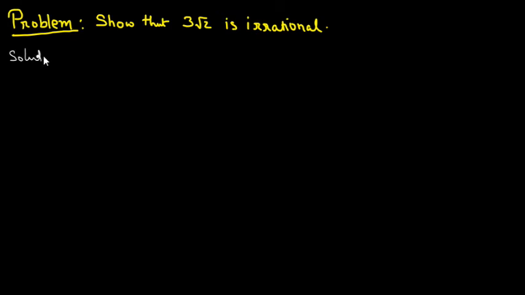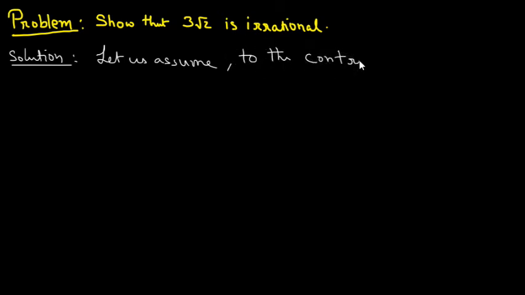Solution: let us assume to the contrary that 3 root 2 is rational.